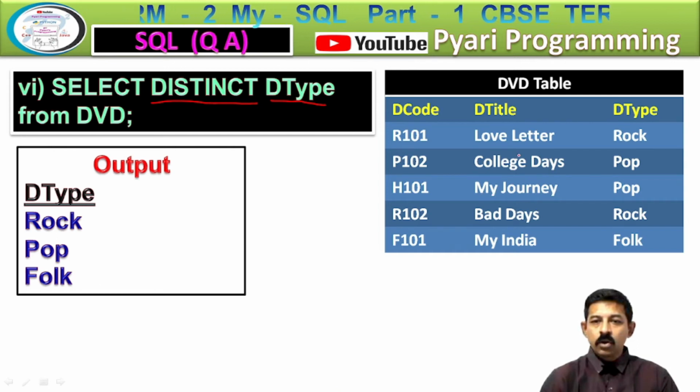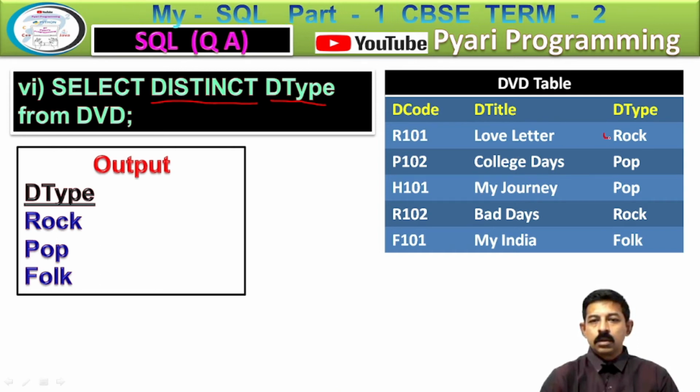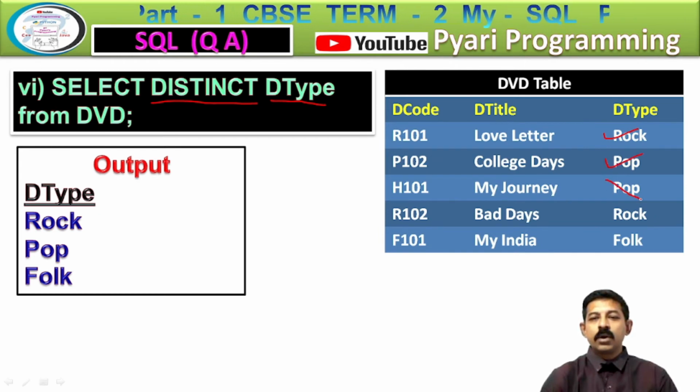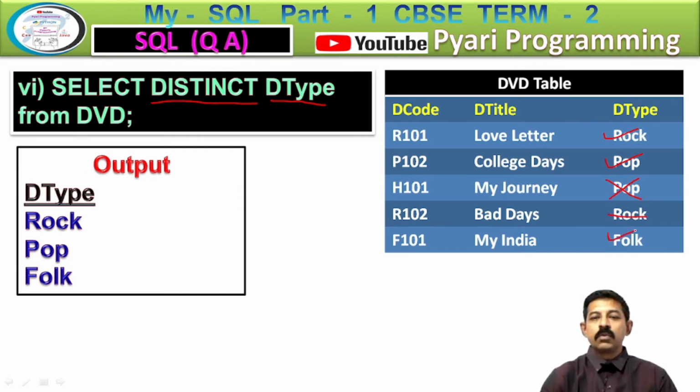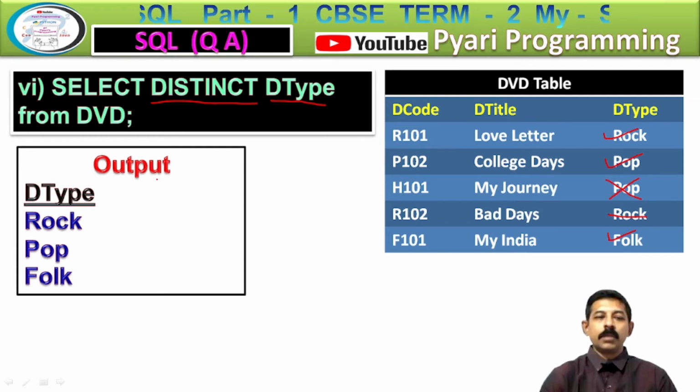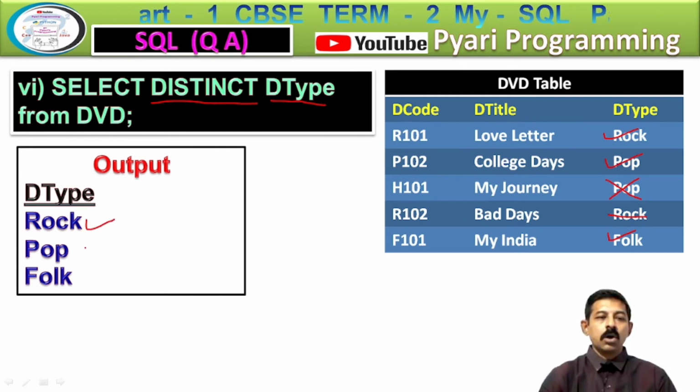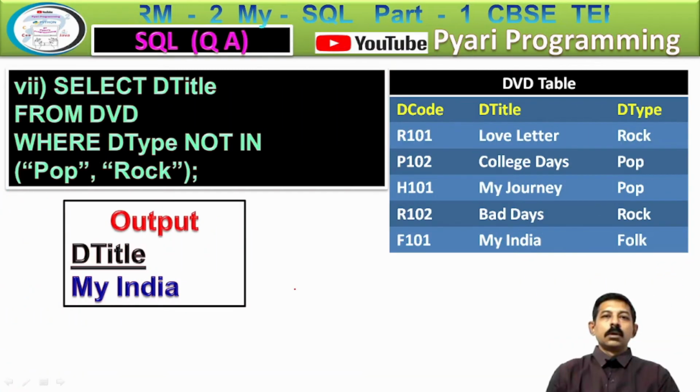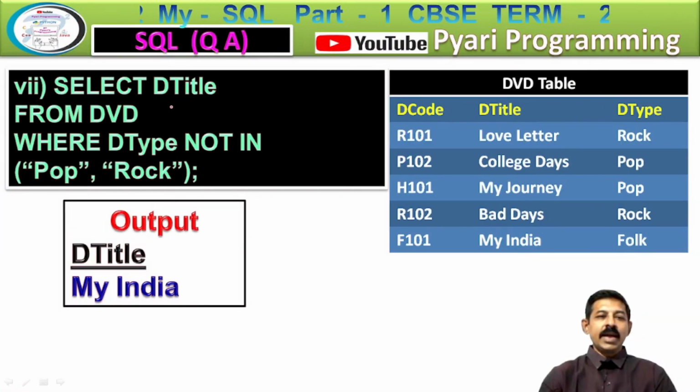We have rock available, then pop is available. After this, the duplicate will be removed, and again rock, already taken rock over here, so it will not take this one, and this one it will consider because it is not yet available. So that's why we got rock, pop.